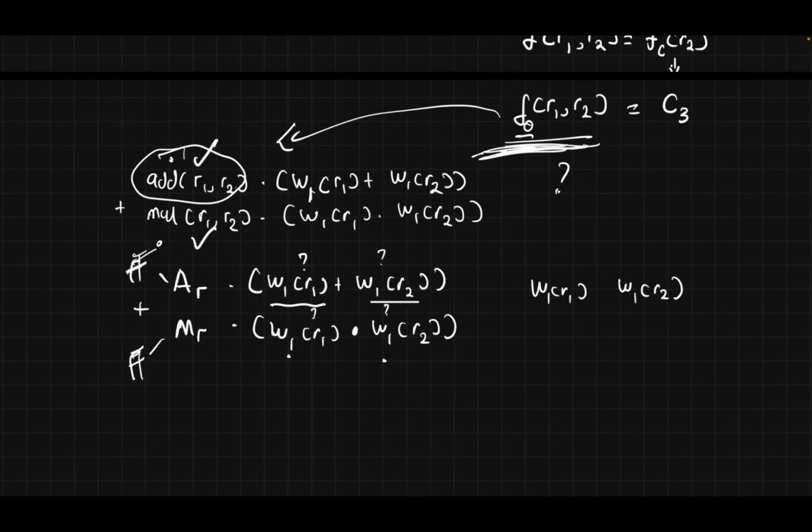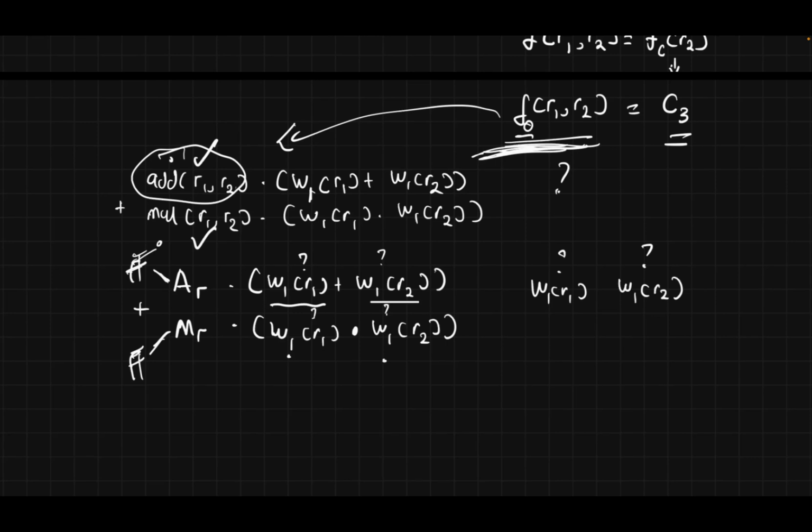So that means the verifier is able to compute add at R1, R2 and mul at R1, R2. So you now get field elements, right? But then it doesn't know this and it doesn't know this, so you cannot yet compute the full thing to check whether it's equal to C3. Cool?